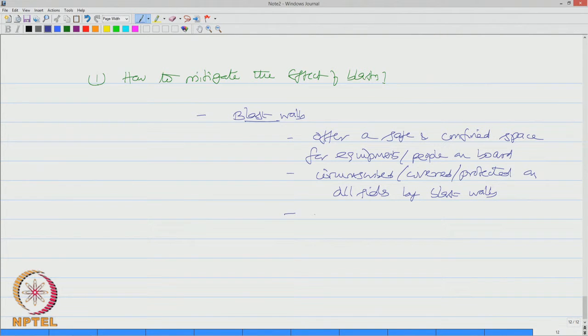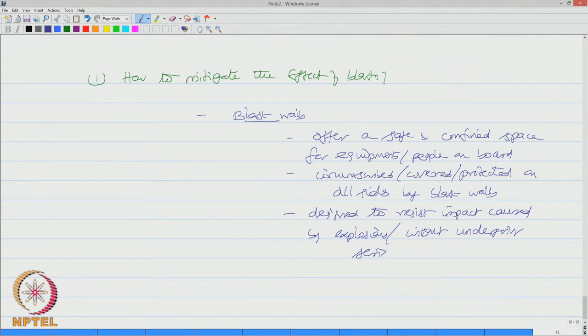Blast walls are designed to resist impact caused by explosions without undergoing serious damages.